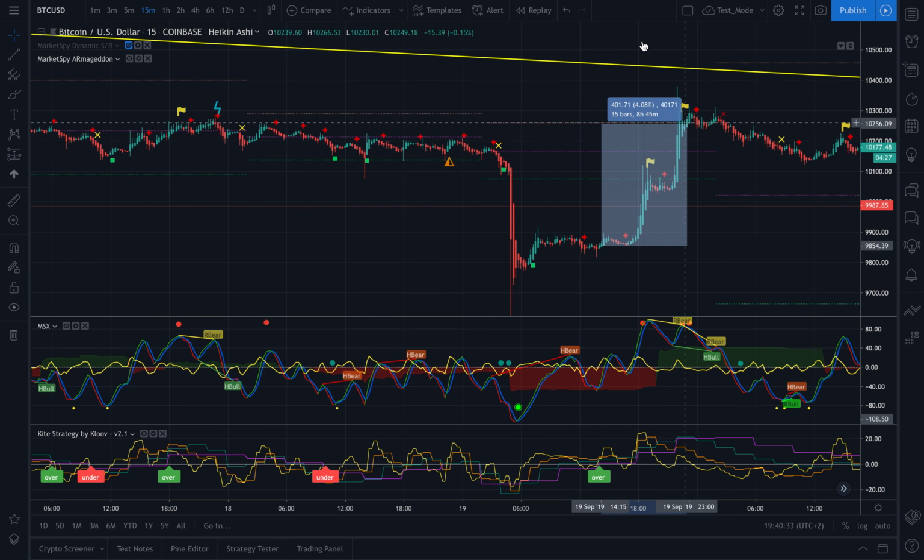What you can make in this trade, if your account size is 1 BTC, let's say, or let's say 2 BTC, and you use 5%, that's 0.1 BTC, and you get 40%, that's around $400, euro, whatever.